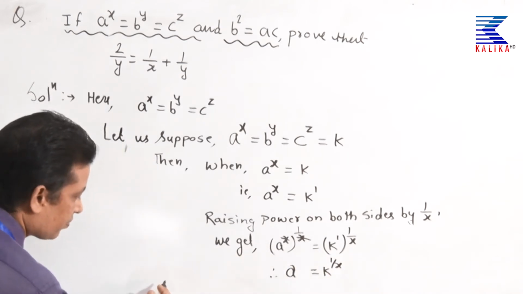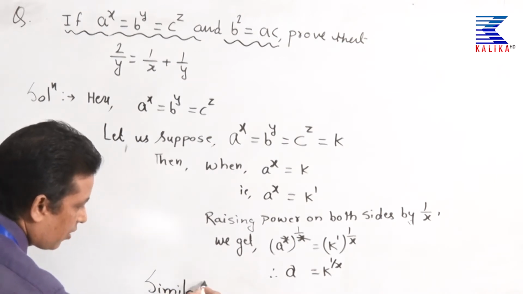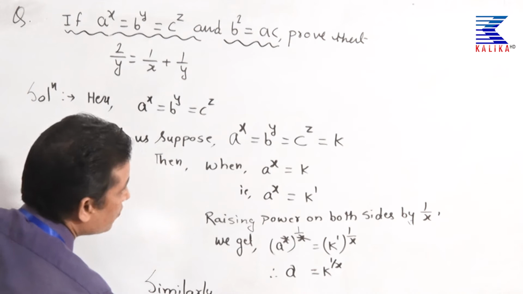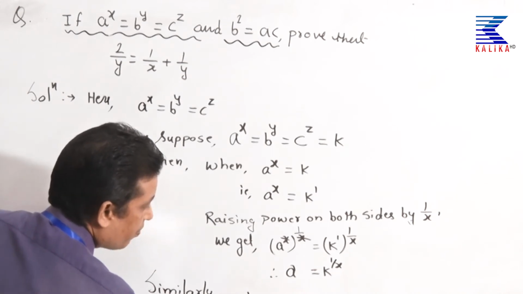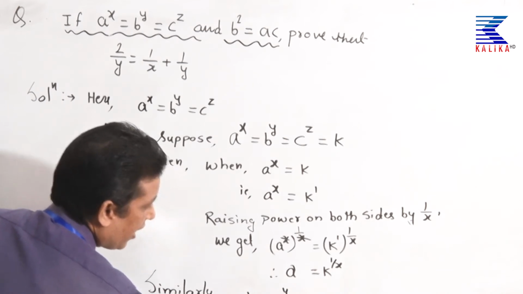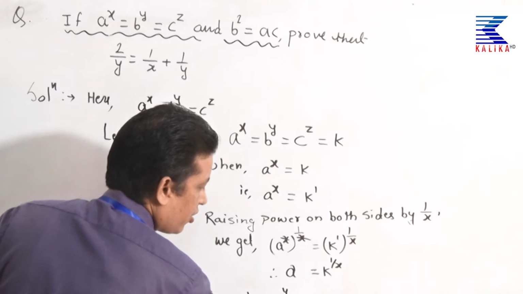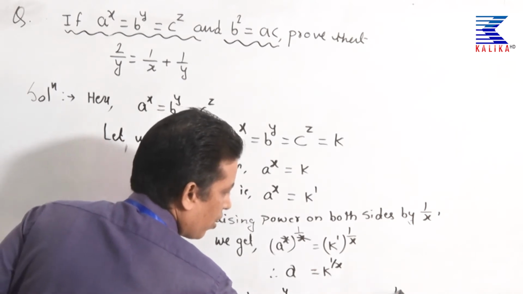Similarly, when you take b^y is equal to k, then you will get b is equal to k^(1/y).